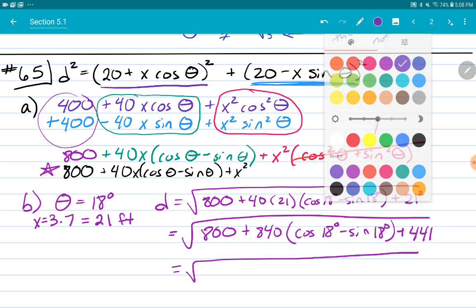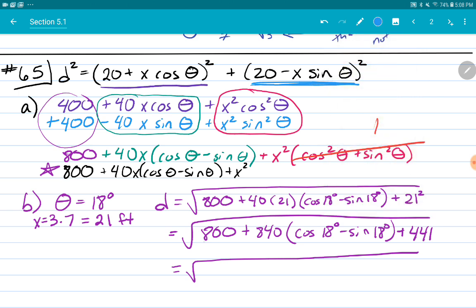So combining like terms, 800 and the 441 combine, and I get 1241. And this is about as simple as I can get with the rest without a calculator. So there's an exact answer. Let's just leave it in exact form. There we go. So d equals this.